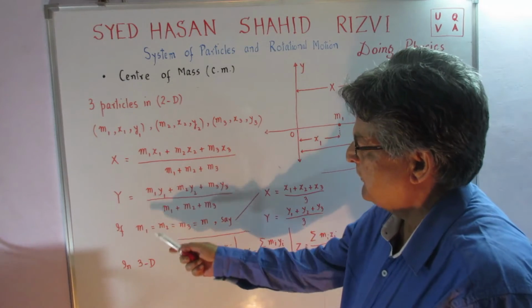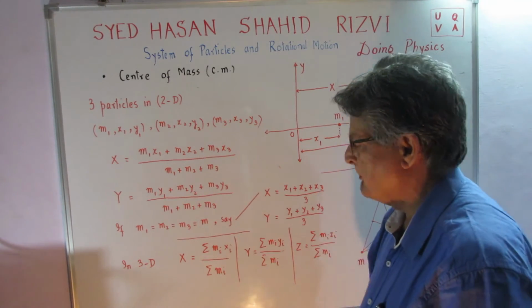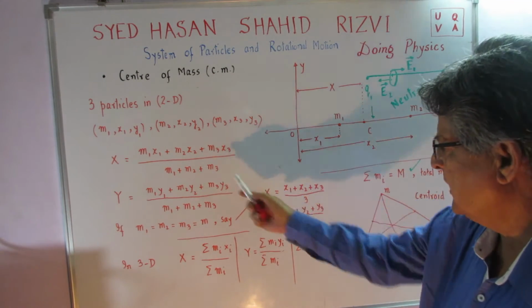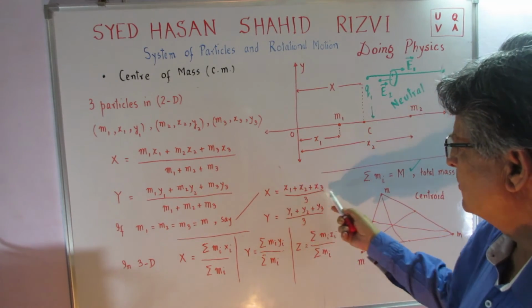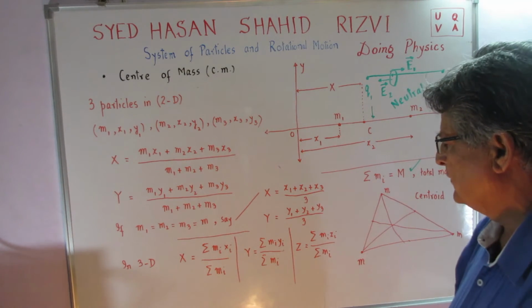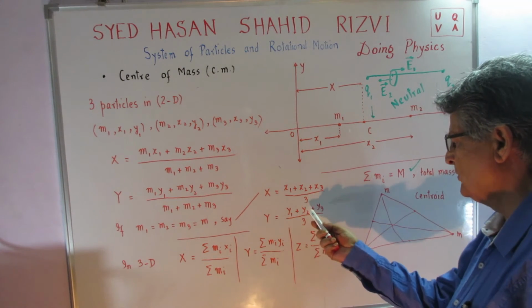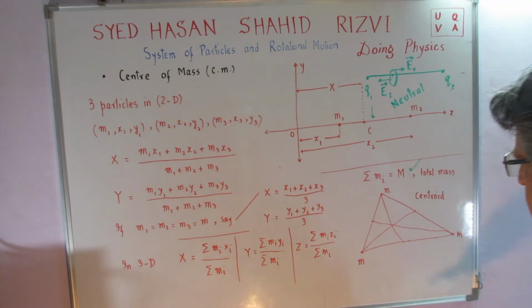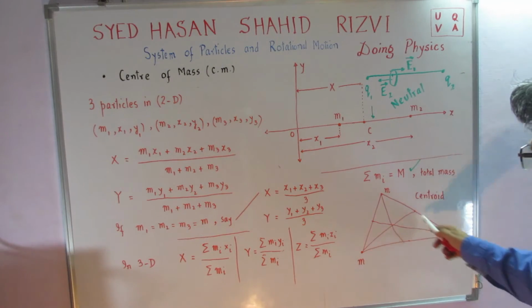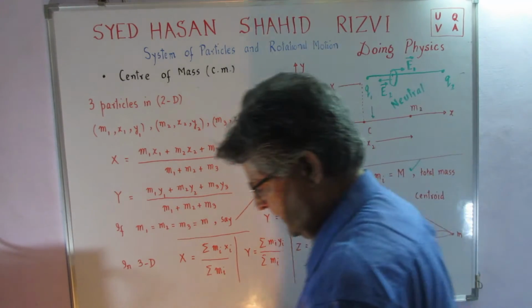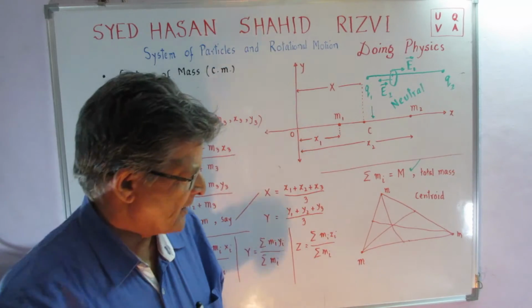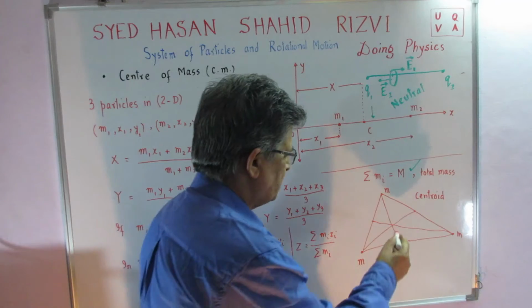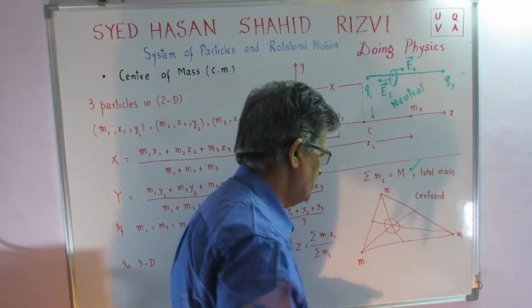Now, if all my particles have the same mass, then it is easy to show from here that x is equal to x1 plus x2 plus x3 divided by 3, and y is equal to y1 plus y2 plus y3 divided by 3. The particles are the vertices of a triangle, and in that case the center of mass of this system turns out to be the centroid of the triangle.